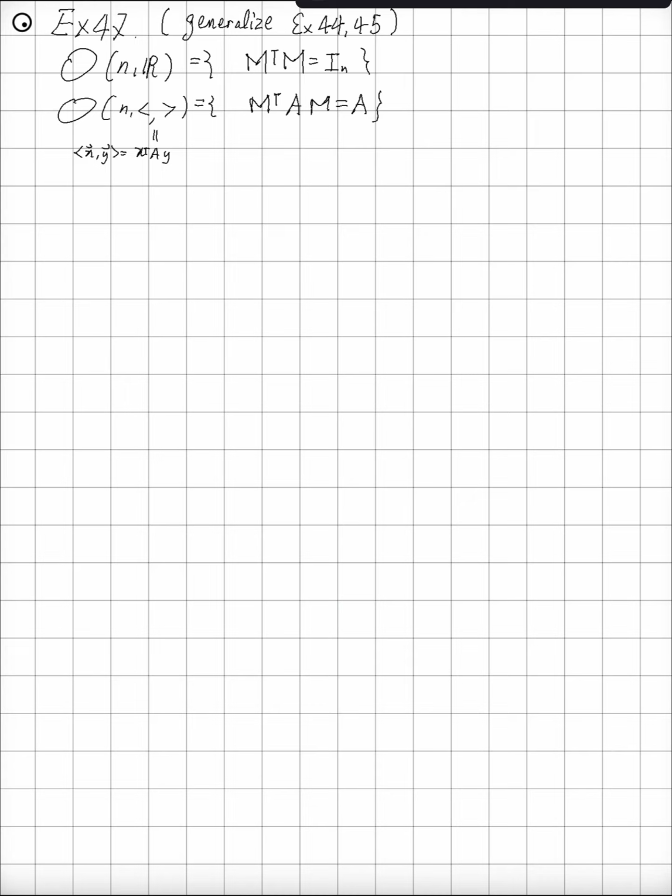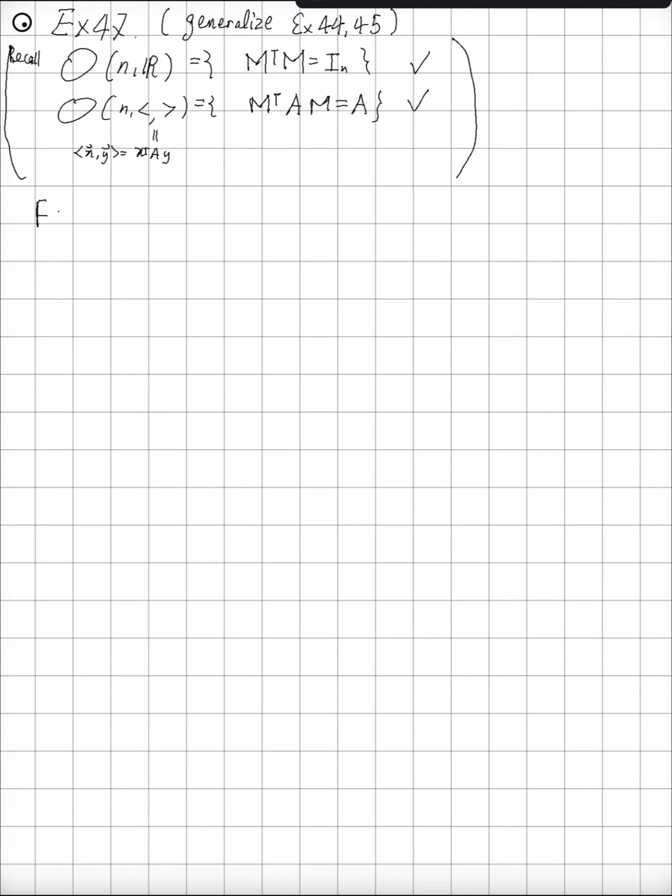And let's further generalize this. Let me remark that this preserves the dot product, the inner product. So in some sense it's angle preserving, length preserving, inner product preserving. That corresponds to the orthogonal transformation.